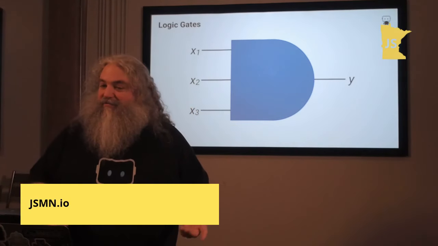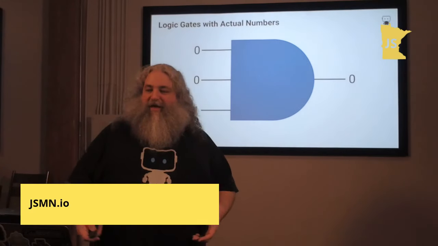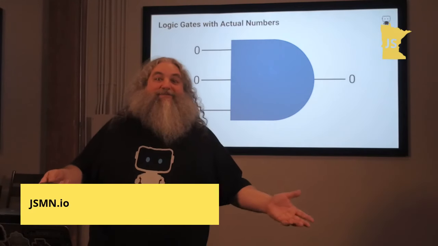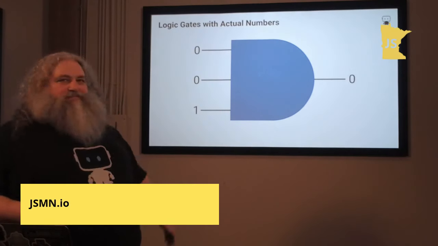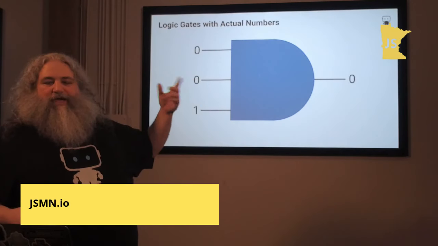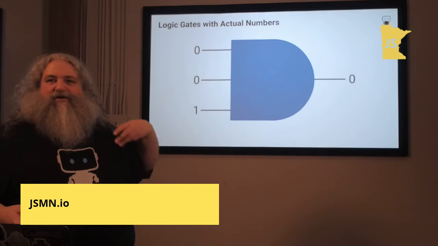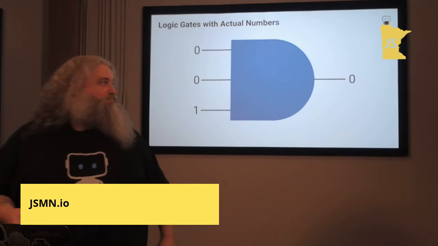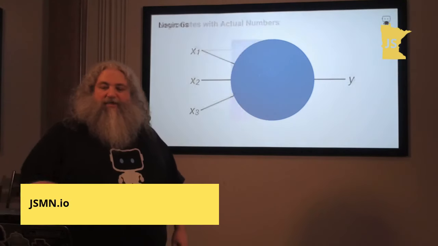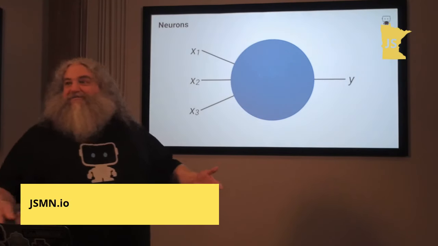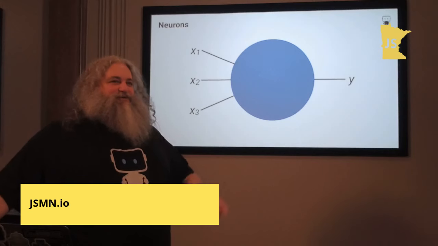Otherwise, it outputs a 0. Here is an AND gate with actual numbers. We put in two zeros and a 1, and x1 and x2 and x3 are not all true, so we get a false out. That's pretty easy. We all know this stuff. Neural networks are kind of the same thing, except they're circles. That's a joke.